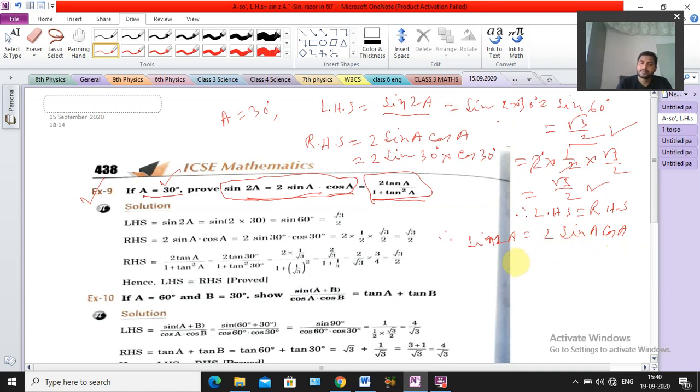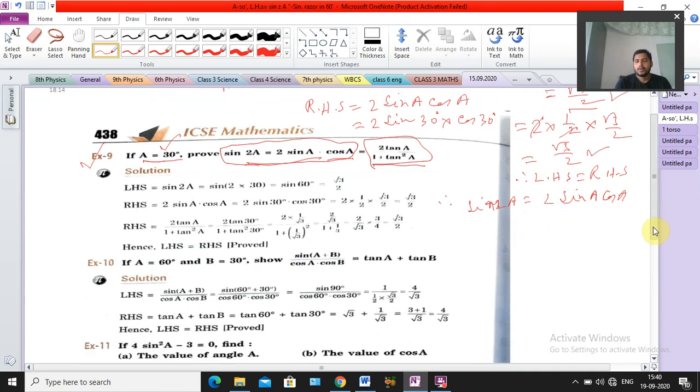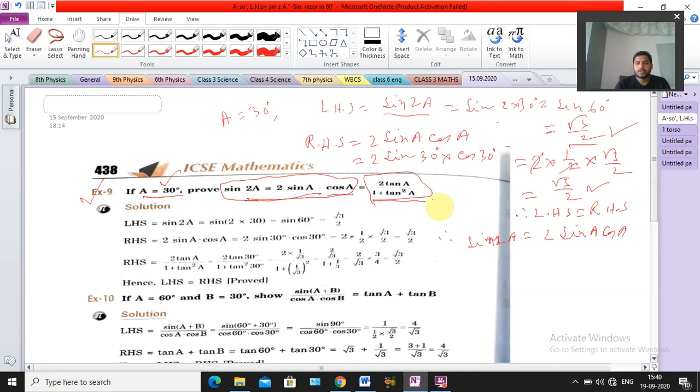Next, another part is also left here: 2 tan A by 1 plus tan square A. That one also we have to prove. I am finding that value, 2 tan A by 1 plus tan square A, that is also the RHS.